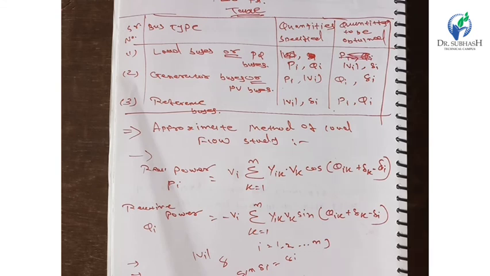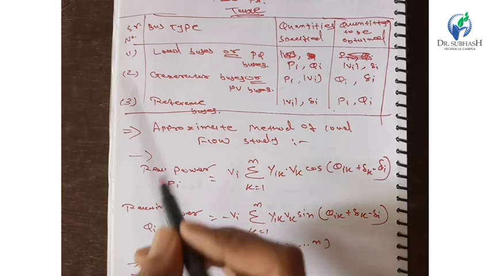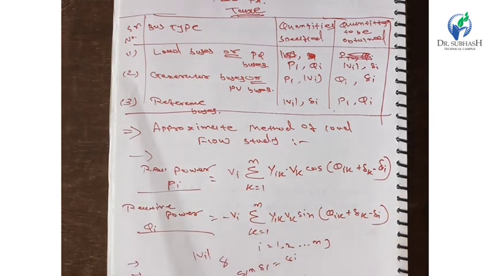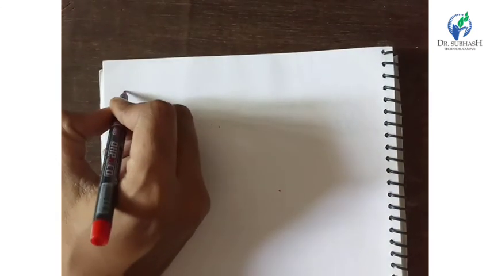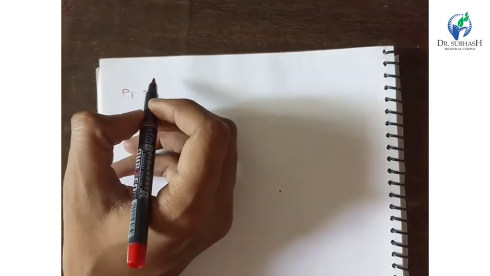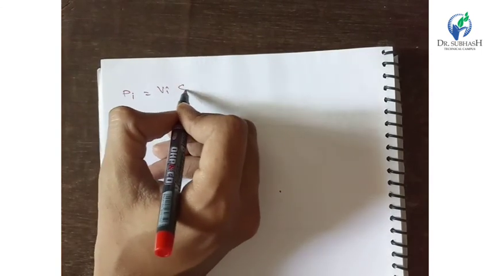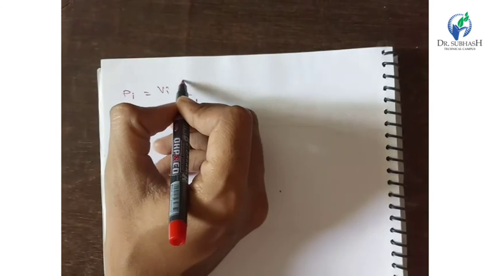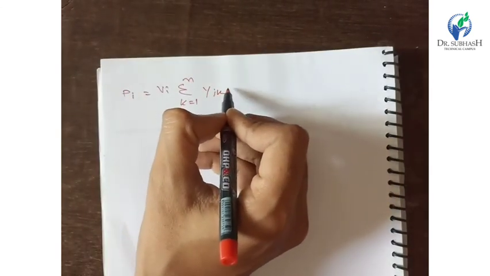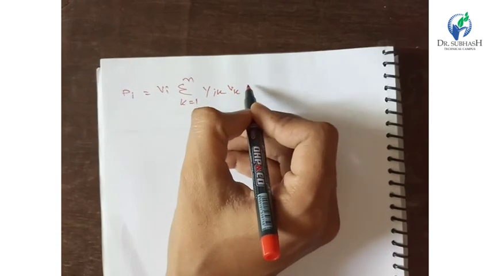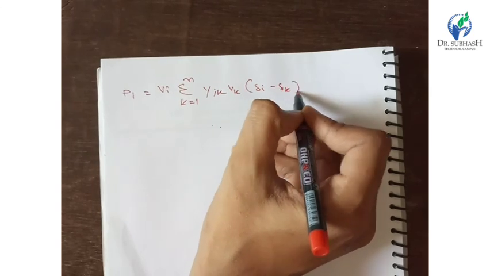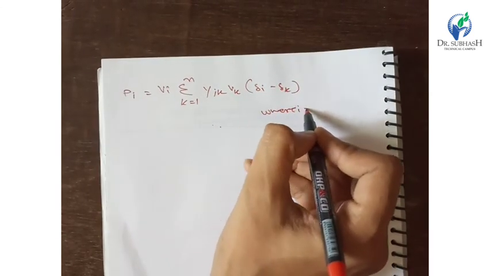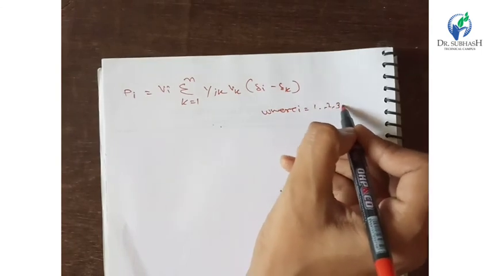With the above assumptions, in the approximate method we write the updated version of the real and reactive power equations. For real power, Pi equals Vi sigma k equals 1 up to n, Yik into Vk, with the angle represented as delta i minus delta k, where i is 1, 2, 3 up to n.